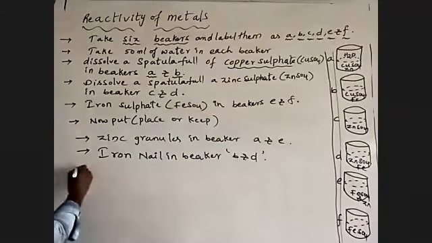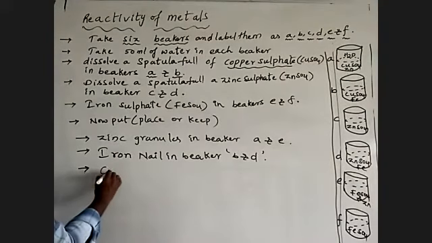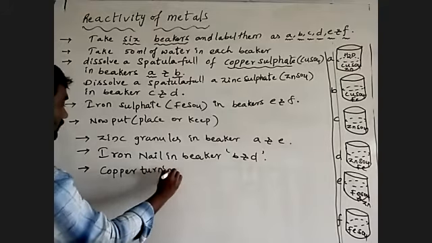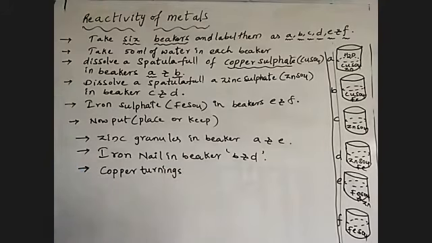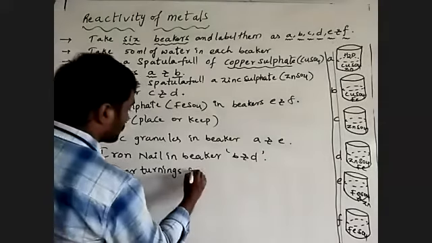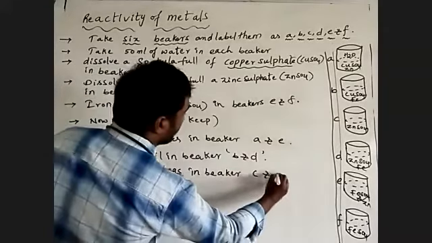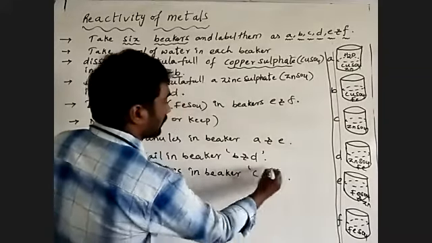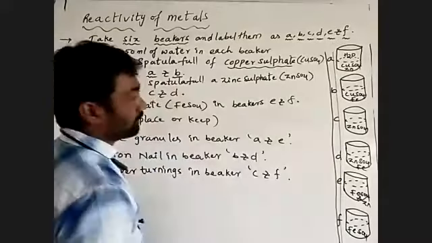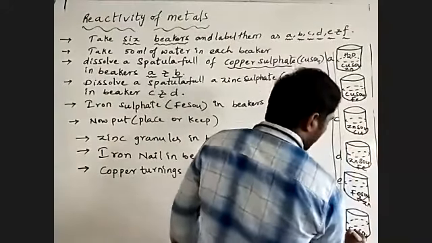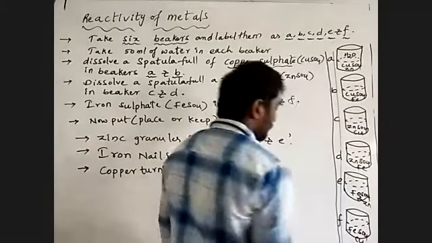And the next thing we are going to do is copper turnings, small pieces of copper wire, in beakers C and F. In C, copper, Cu, and this is also Cu.